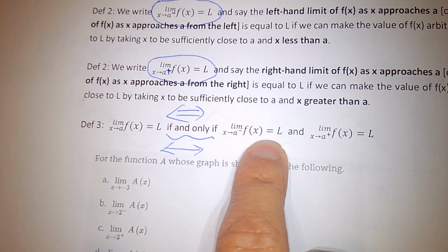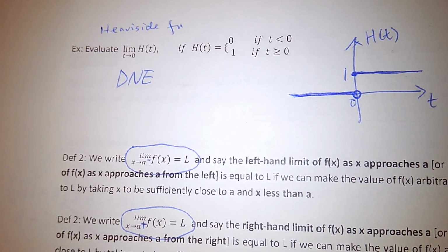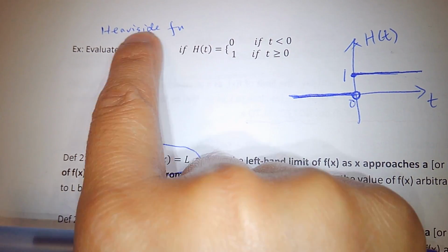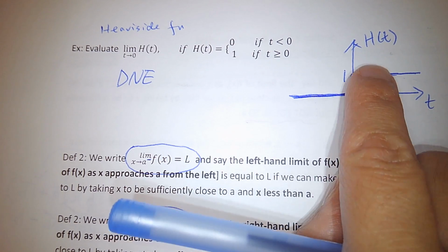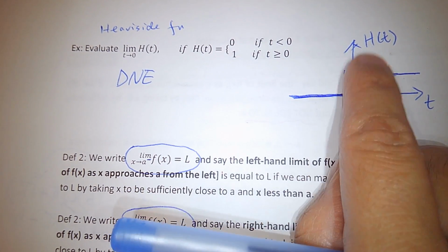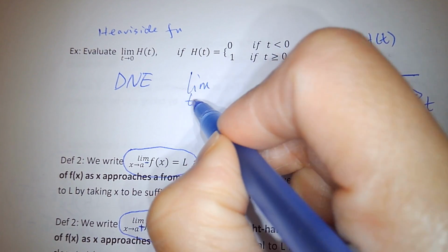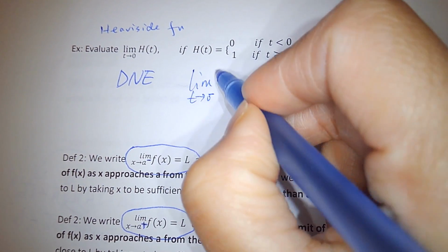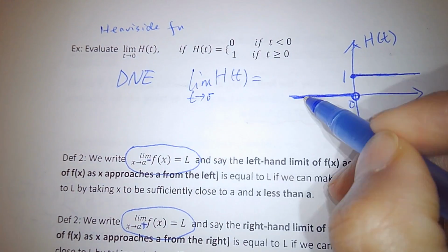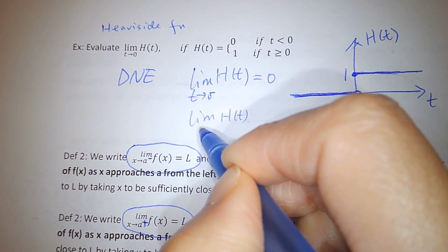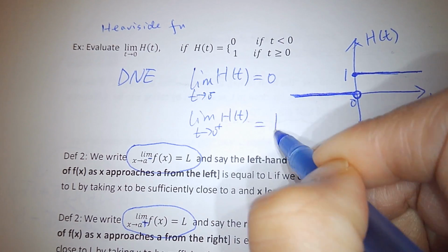So why did we say in the previous example, the Heaviside function, that this limit doesn't exist? Even if we have both one-sided limits, what is the left-hand limit when t approaches 0 from the negative side, what is h of t? It equals 0. The right-hand limit is 1.